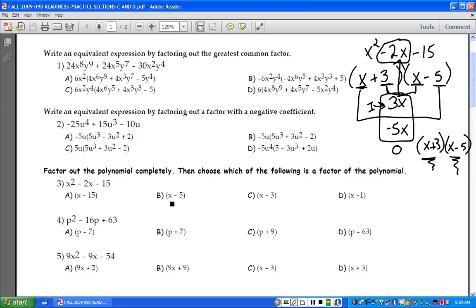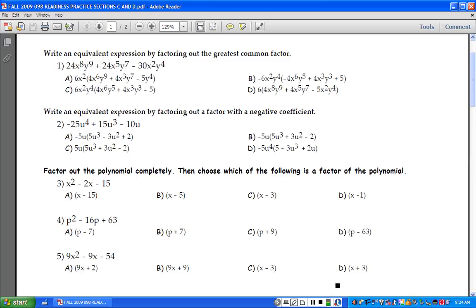X minus 5 is choice B. There's x minus 5 right there, but let's double check everything. X minus 3, we don't have an x minus 3 over here. D is x minus 1, we don't have an x minus 1. So as we figured, B, x minus 5 would be the correct answer. Okay, moving on to number 4.